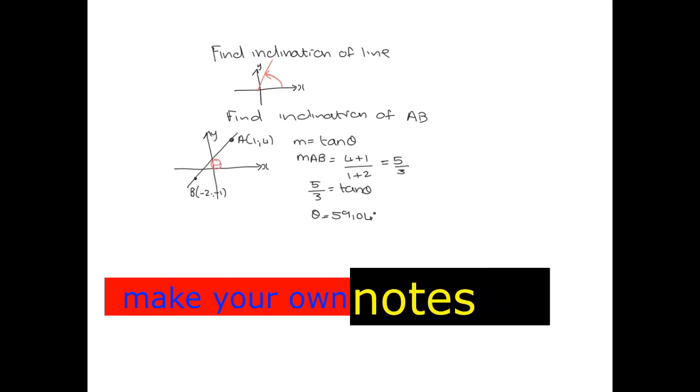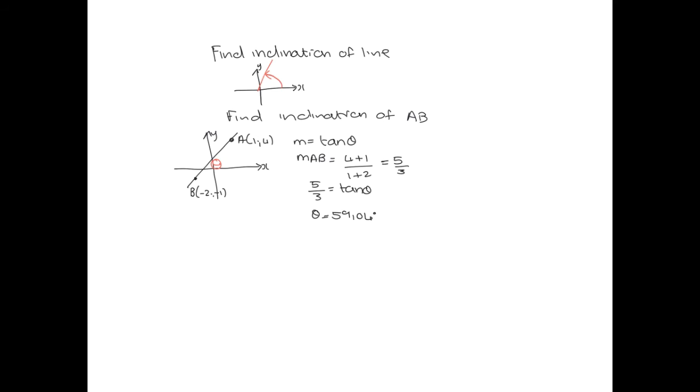Let's say I asked you for the angle of inclination, and AB in this case was a negative line, a negative gradient. So let's draw a line, and let's say A is the point (-2, 4), and let's say B is the point, I'm just making up, (3, -2).